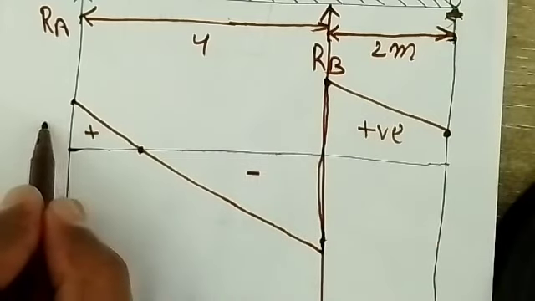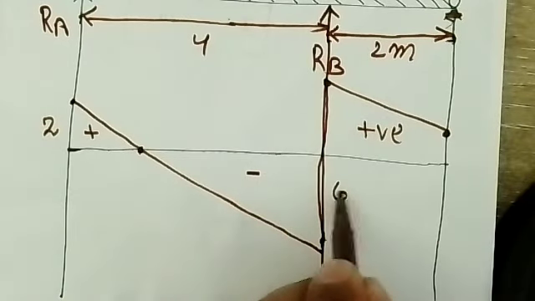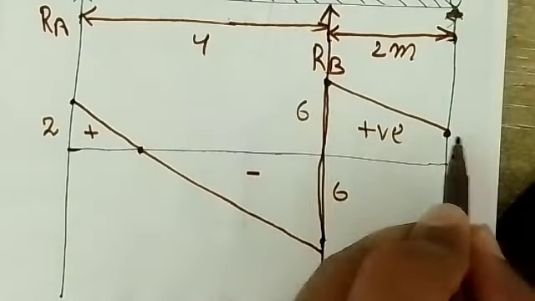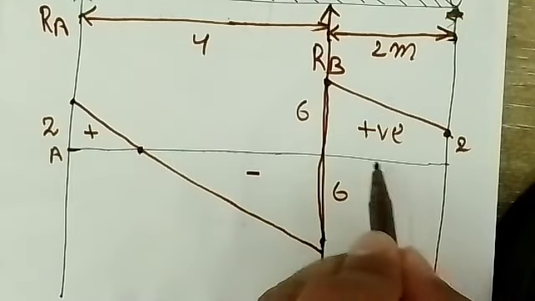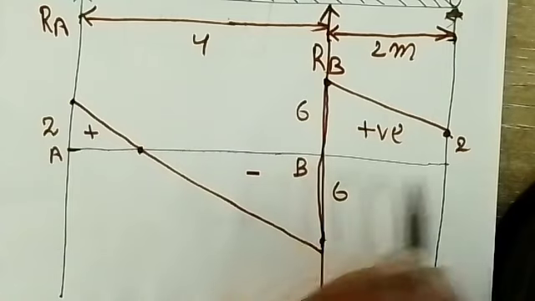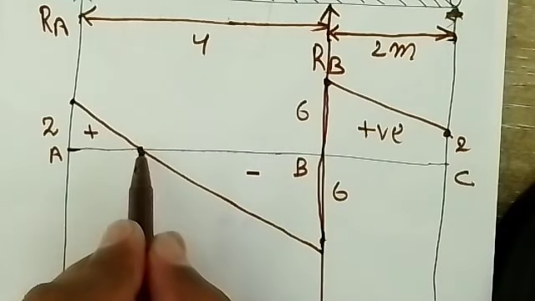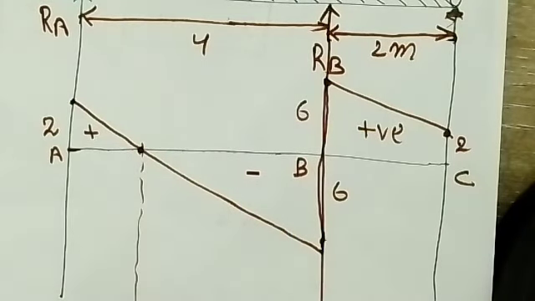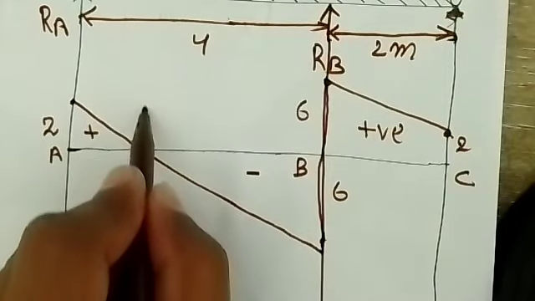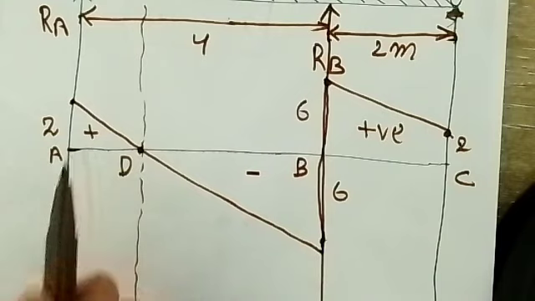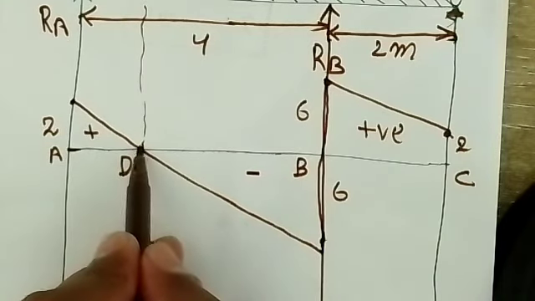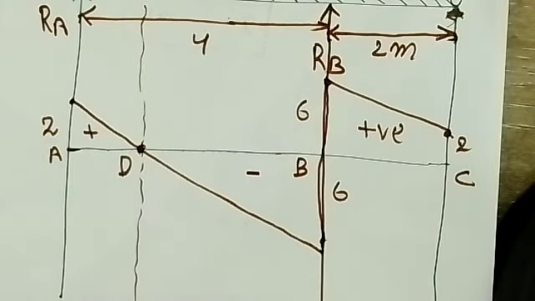The magnitude here is 2, this is minus 6, plus 6 and 2, right? So this is your A, this is your B, and this is C. Let's say this is one section, one position which you got. This is D, right? It means that the shear force at D becomes 0.